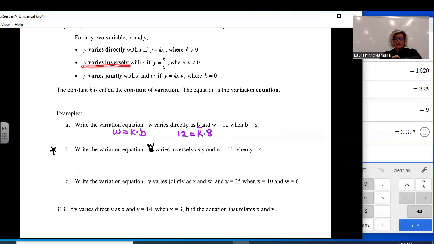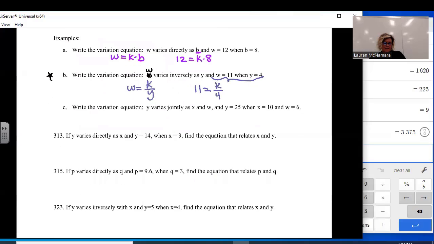This says Y varies inversely with X. So now this one says W varies inversely as Y. So in this equation, I'm replacing the Y with W and the X with Y. So I would write W equals K divided by Y. And then it says W equals 11 when Y equals 4. So 11 equals K divided by 4.